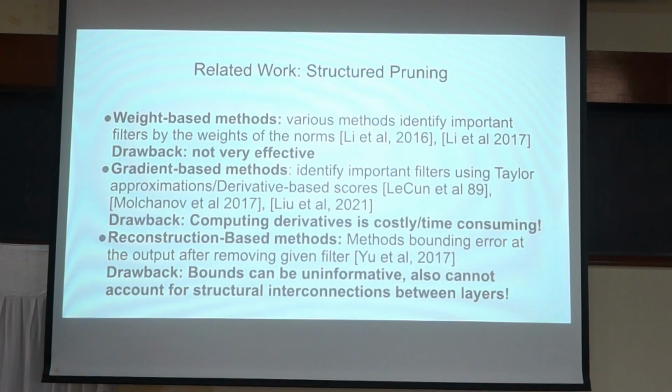There are other methods, like reconstruction-based methods, but when you start implementing them you will see that the bounds they have are sometimes non-informative, because of the nature of this problem. So it's not pretty, and in some sense not very useful. More details are in the paper.